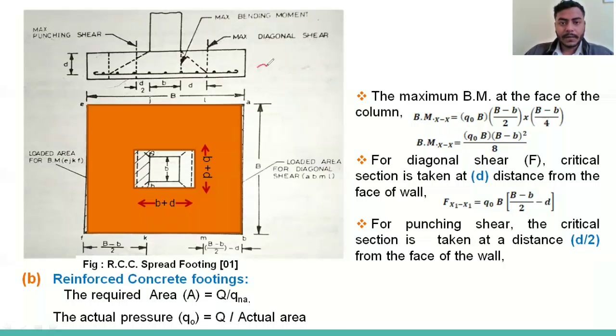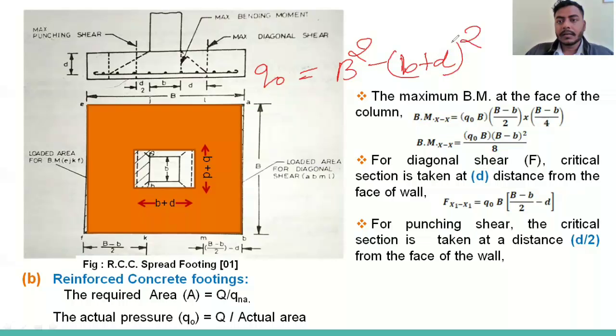So q naught times the area: B squared minus (b plus d) squared. At this point there is a capital B, which means the width of the foundation, and this is the width of the column, small b, right? You have to be very careful about this.